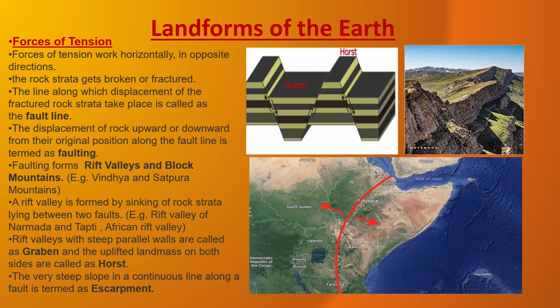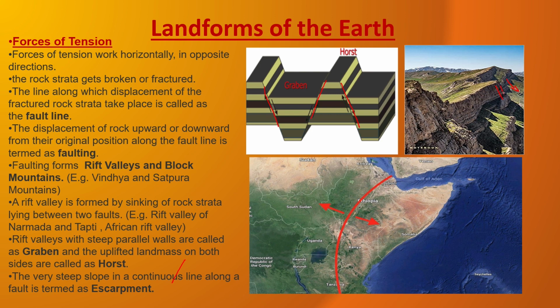Forces of tension. Forces of tension work horizontally in opposite directions. The rock strata gets broken or fractured. Here we can see how the rock strata is getting fractured, or over here the fractured rock strata which has come up due to upliftment, and the rock strata which has gone down due to downward movement.